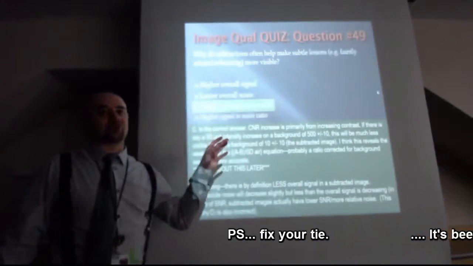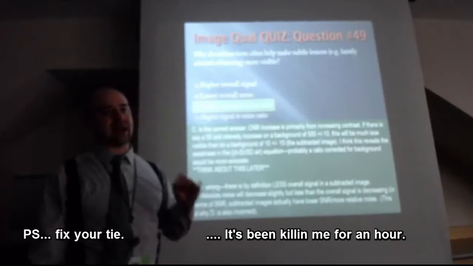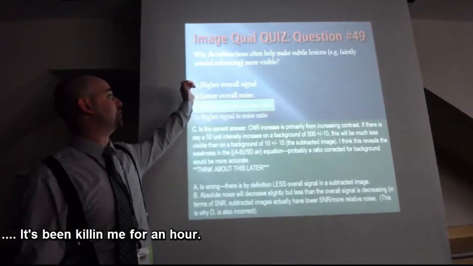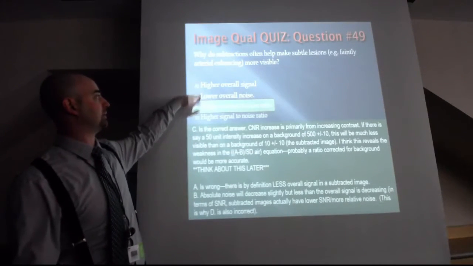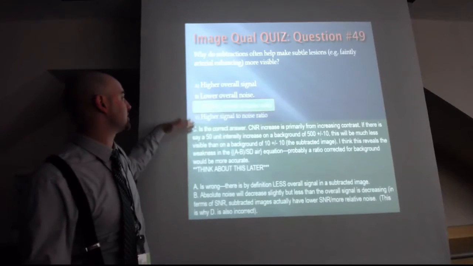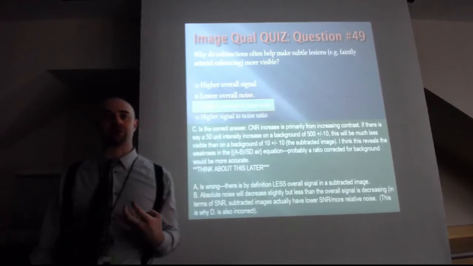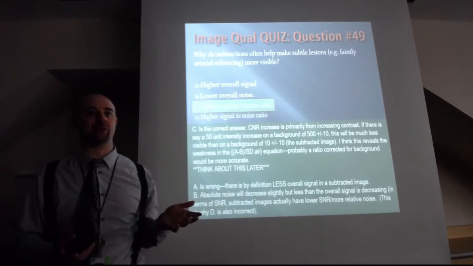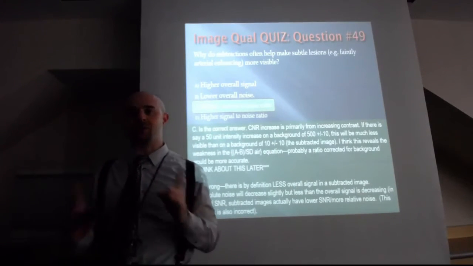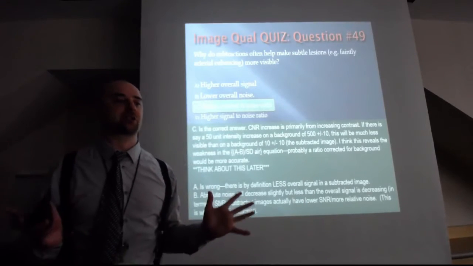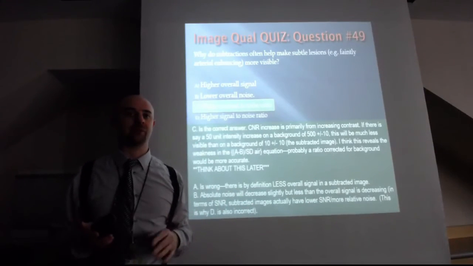Higher signal-to-noise ratio. While it is true that after giving contrast you actually do have a higher overall signal, the noise is unchanged. And as a result of having higher overall signal, you do have higher signal-to-noise ratio over the entire image. But that doesn't mean that it's easier to see a subtle arterial enhancing lesion, right?